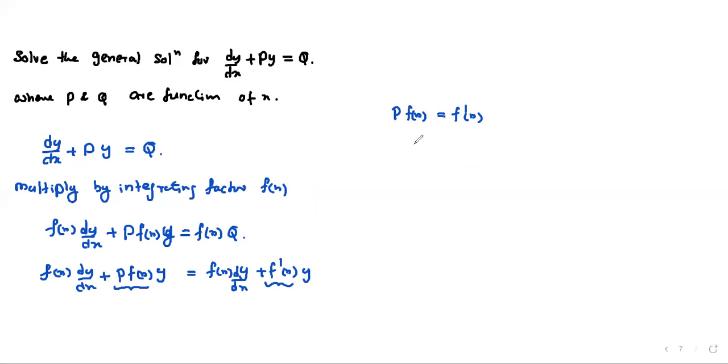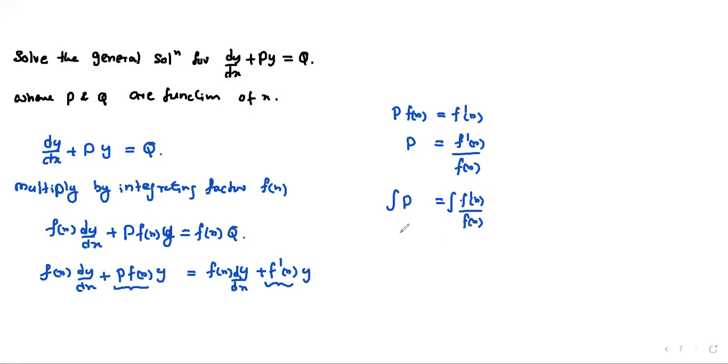Then I will do it this way. I'll keep p on this side and bring f(x) to the other side. Then I'll integrate both sides. Don't worry about what I'm doing here. It's the integration of f dash x over f(x).